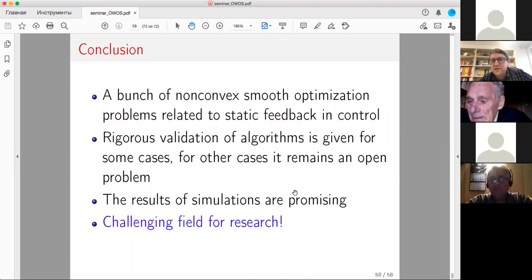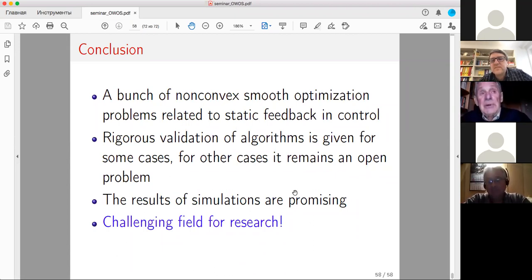Or, since this property is missing, I guess the whole sequence is not converging. There is no global convergence. No, we have no jumps between disconnected components.